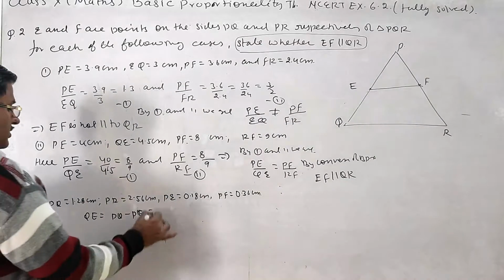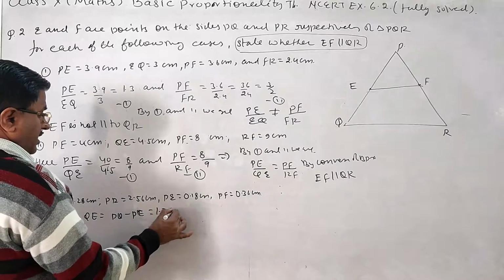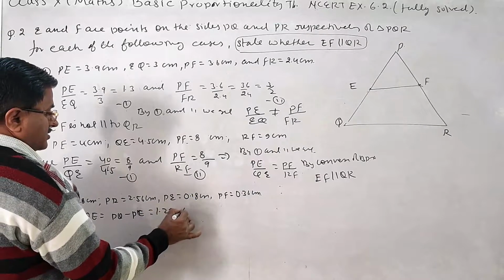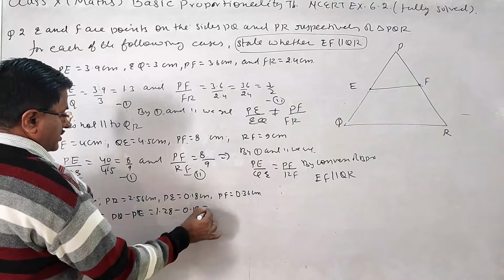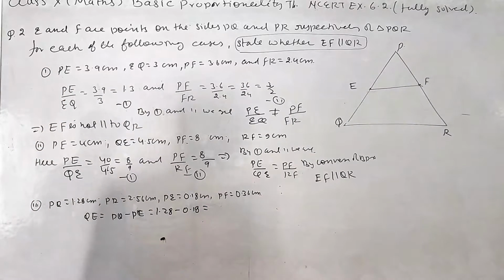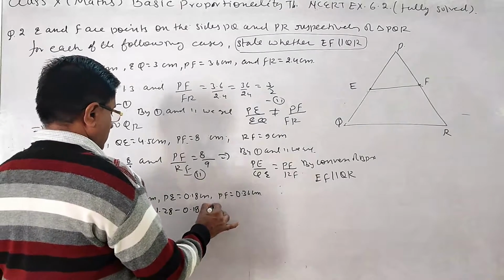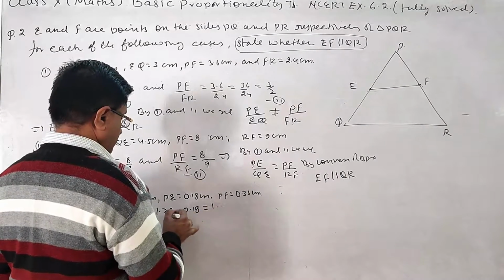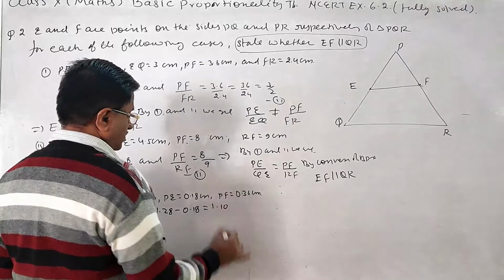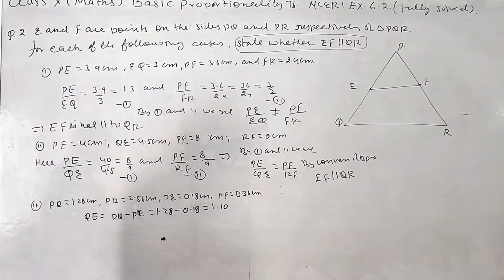So PQ is given as 1.28 minus PE, that is 0.18. So you subtract this. So 1.10. So this is the value of EQ.